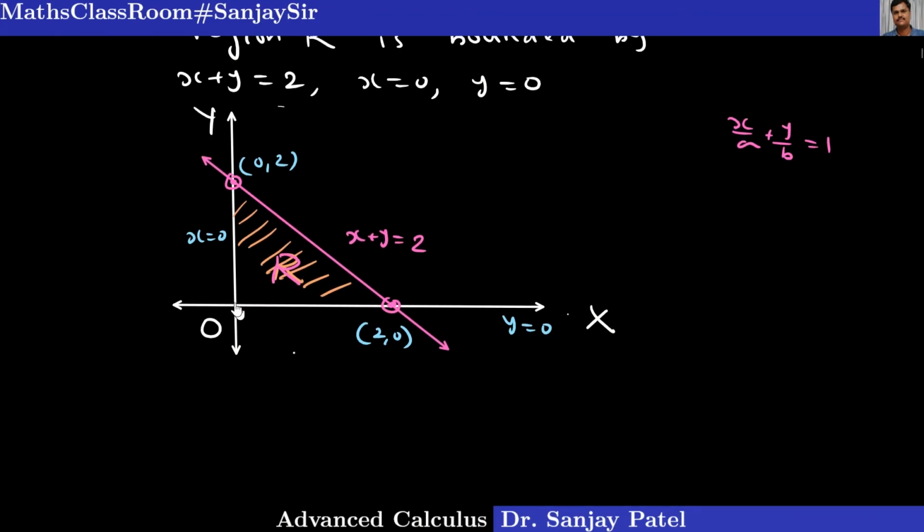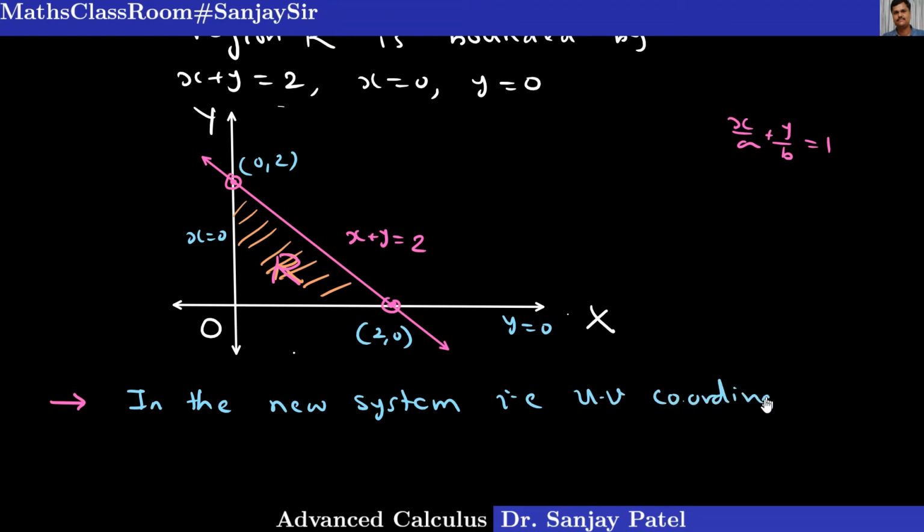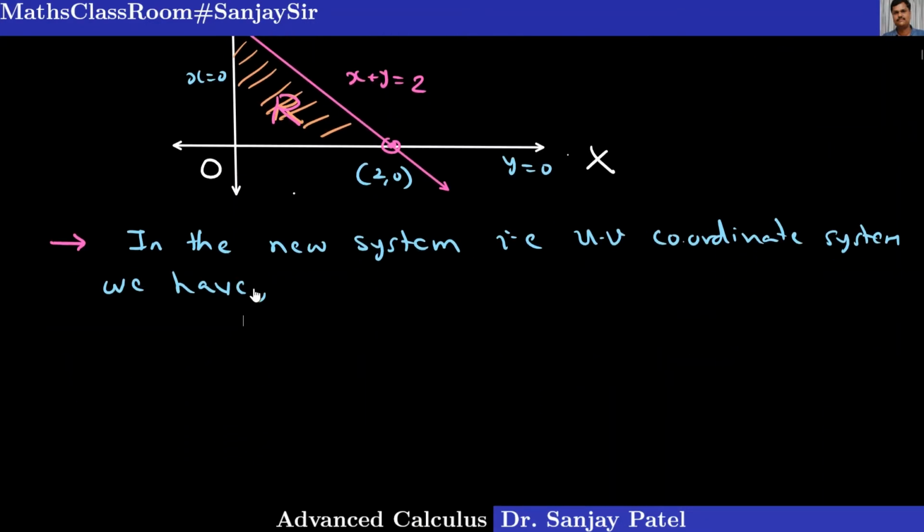So we want to change this integral. So in the new system, or coordinate system, that is UV coordinate system, where we have taken the substitution, we have the following new bounds.